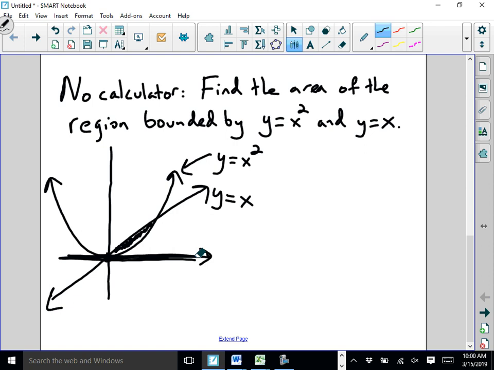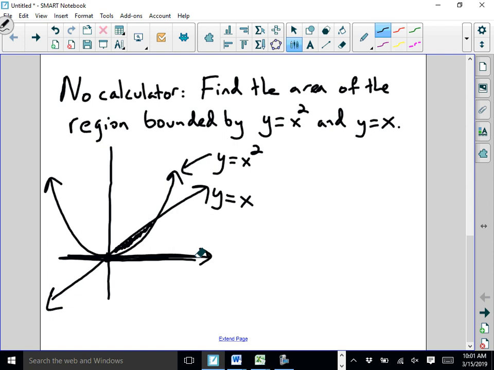So I need to figure out where those intersections are. One intersection should be pretty obvious. It looks like that left intersection is at 0. Both of these functions have a y-intercept of 0, so I'm figuring that that left intercept is 0.